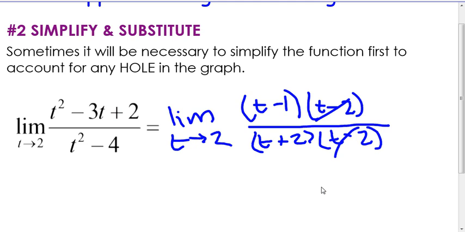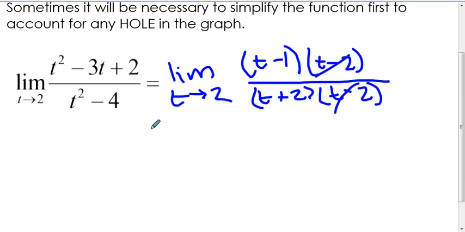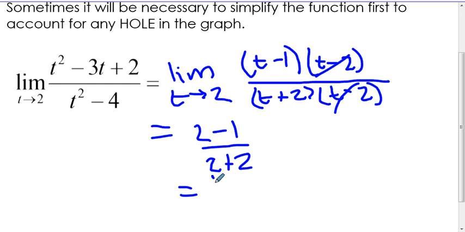And now we're just going to substitute from here. So we're going to plug 2 into what is left. So we're going to have 2 minus 1 over 2 plus 2. So we'll get 1/4. So the limit as t approaches 2 of t squared minus 3t plus 2 over t squared minus 4 is 1/4.